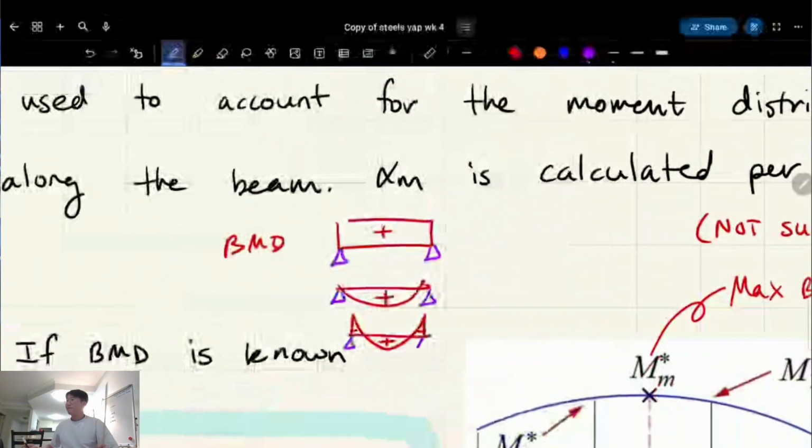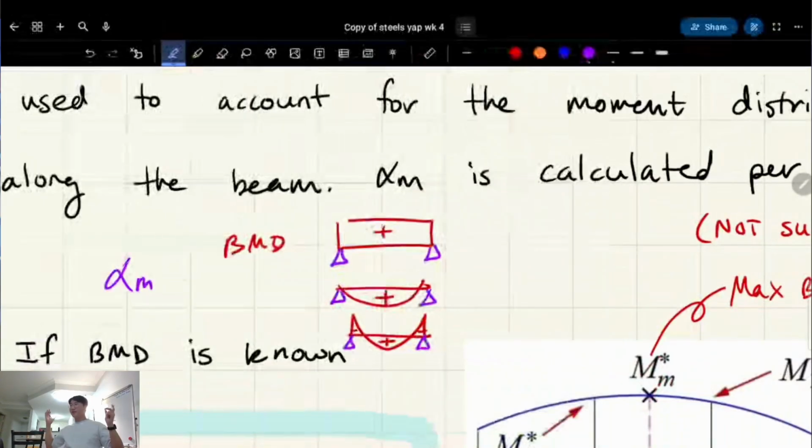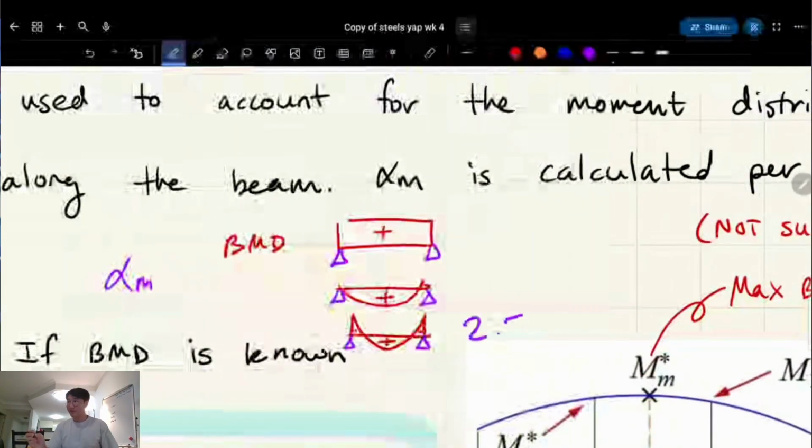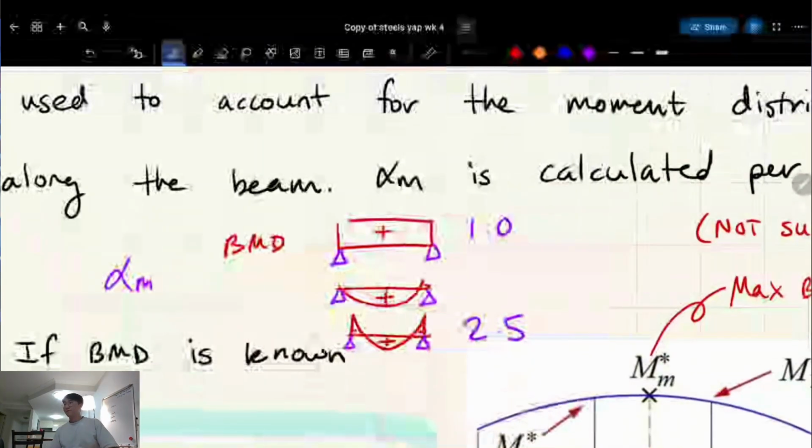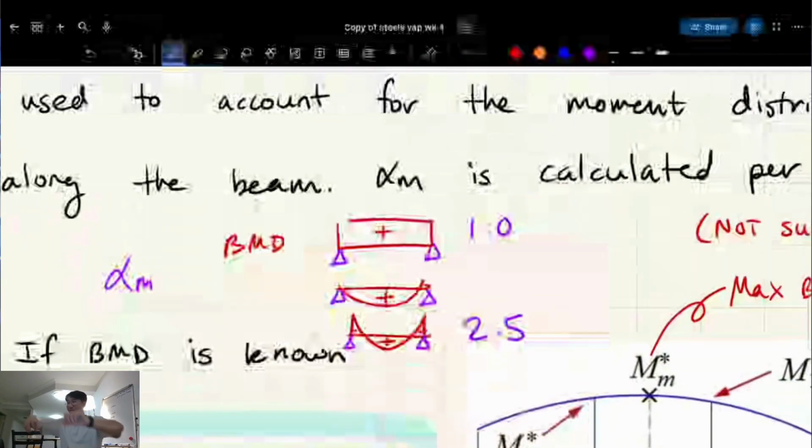Which one's the best for alpha M? We want alpha M to be as high as possible. Isn't the bottom one the best? Yes. The bottom one gives a number around 2.5. The top one gives a number around 1.0, and the other one gives something in between. The top one's the worst one, and do you know how I did this?